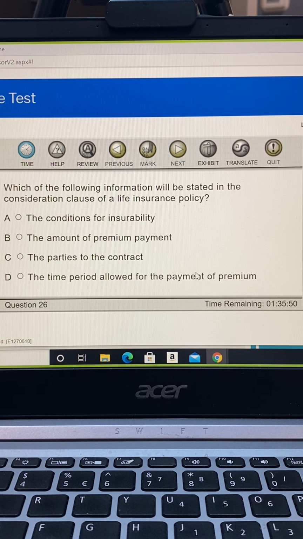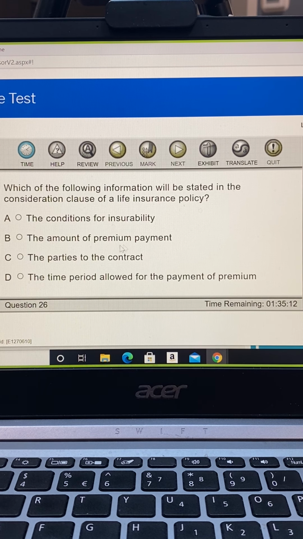I think insurability means the medical questions. The insurance company has to get some information from you to consider whether they're going to issue the policy or not. So basically they have to know whether you're healthy or not. So that's what I think they mean by conditions for insurability. The way it's worded, I'm not understanding it 100%, but I'm thinking that's what it is.